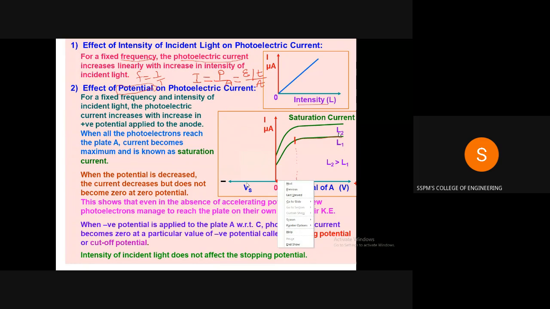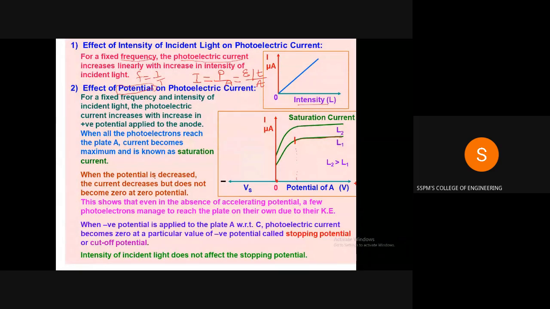Okay, when the potential is decreased, the current decreases but does not become zero at zero potential. This shows that even in the absence of accelerating potential, म्हणजे आपण जे पोटेन्शियल कॅथोड आणि ॲनोडच्या अक्रॉस अप्लाय केलेलं होतं ते आपण झिरो केलं तरी सुद्धा काही फोटो इलेक्ट्रिक करंट हा ऑब्झर्व होतो.